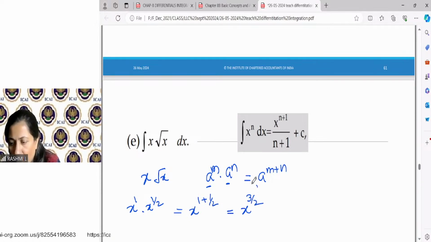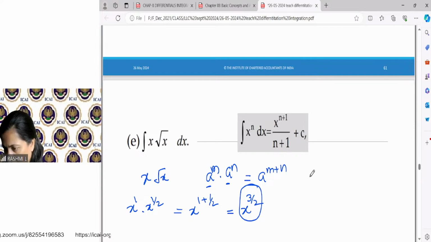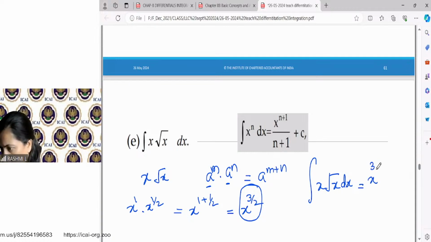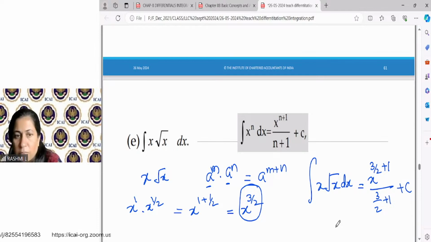Now I will not use the integration by parts formula here. You don't need to use it; it is this simple one. So the integral of x root x dx will be equal to x raised to 3 by 2 plus 1 upon 3 by 2 plus 1 plus c. 3 by 2 plus 1 is 5 by 2.